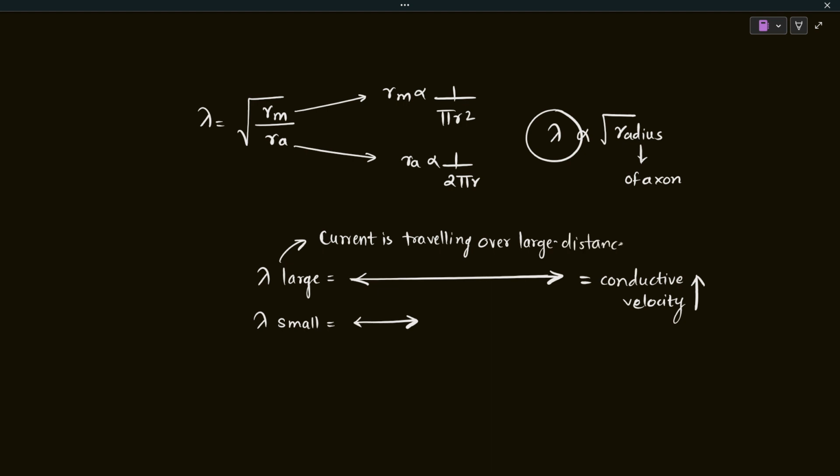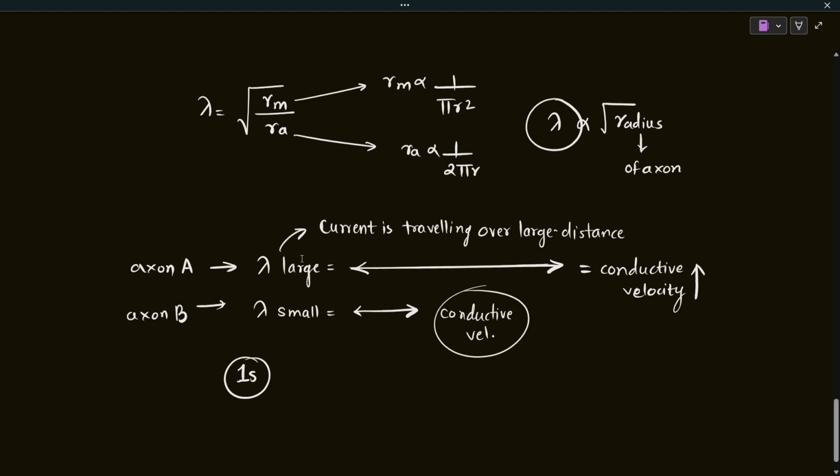In a given amount of time, when we compare axon A with large lambda and axon B with small lambda, for 1 second the conduction will be faster in the larger axon compared to the smaller axon. That is why the conductive velocity of this axon will be higher than that of this axon.